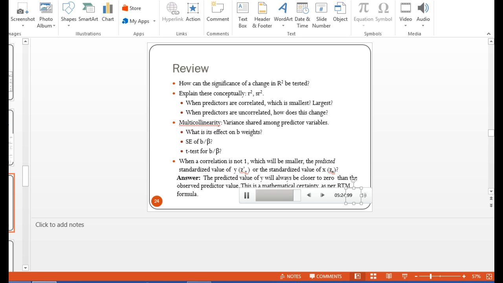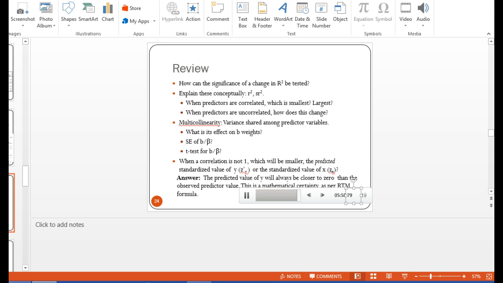And so if this is in any way still murky to you, go back to the RTM slide, the regression to the mean slide, and understand that based on the formula that was given, remember the standardized predicted value of the DV is equal to our correlation coefficient times whatever x value we're seeing in standardized terms, that because of that formula and the way that it works, when the correlation is less than 1, we're always going to have regression back to the mean as a mathematical certainty.